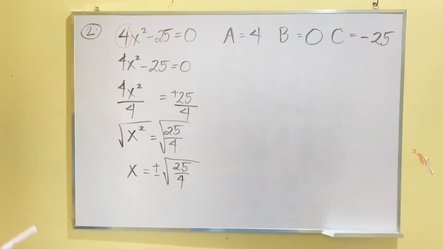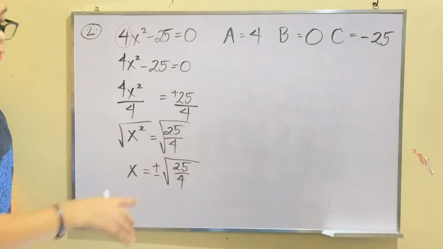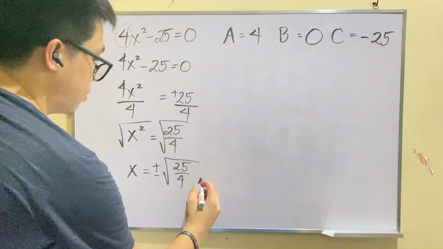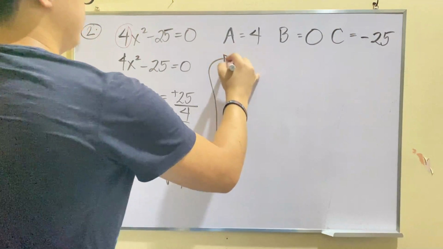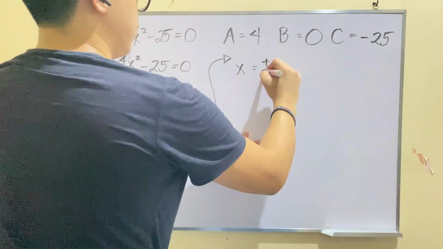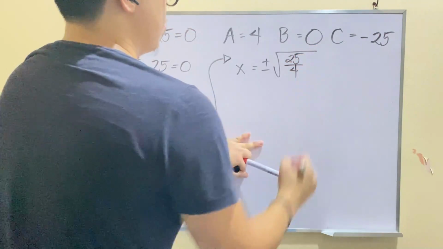Huwag kakalimutan, kapag may square root, laging may positive or negative sa labas. Susulat ulit ako dito ng ahas. So, x is equals to positive or negative square root of 25 divided by 4.